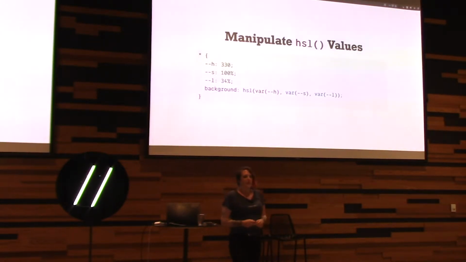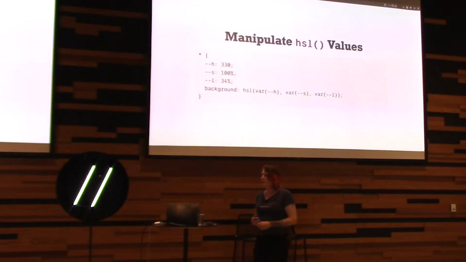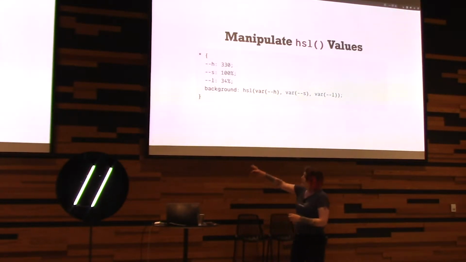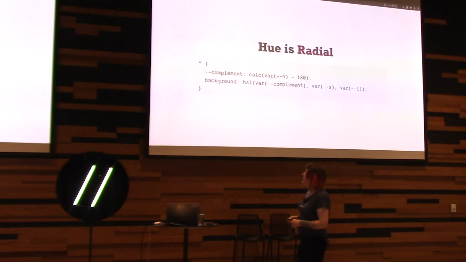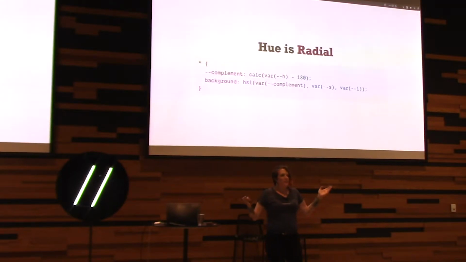Another thing that you can do with variables, you can start playing with them to manipulate HSL values. So we can set an H variable, S variable, and an L variable, and then we can pass those into HSL. And then that means that we have those raw values that we can do calc functions on. So we can say the complement color is our hue minus or plus 180.